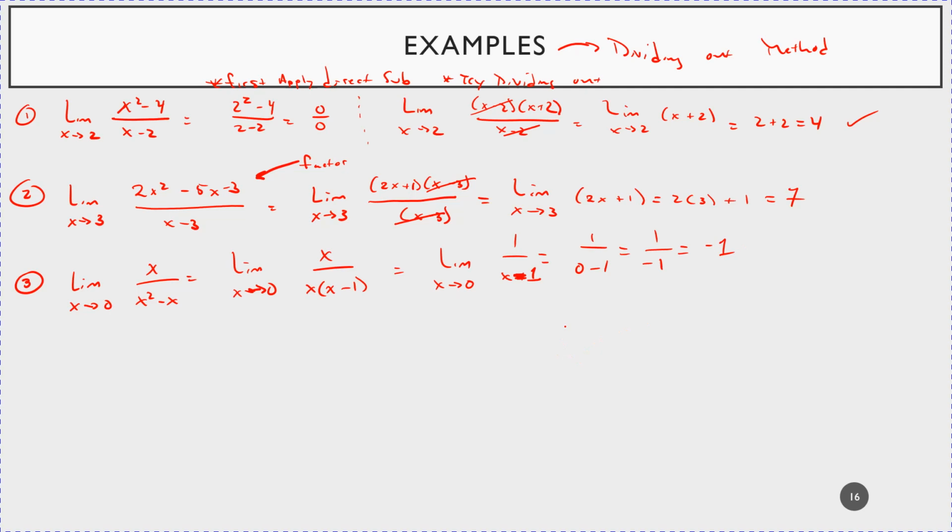So the key here, what you're seeing here is factoring. It is the key step here for dividing out. Okay, if you can factor correctly here, it just begins to fall into place.